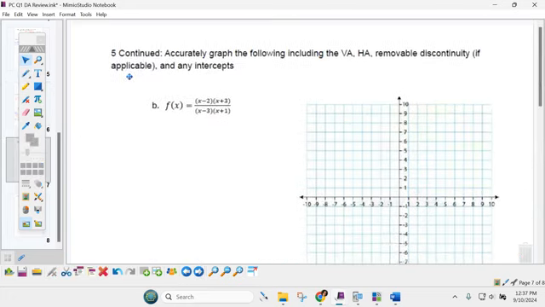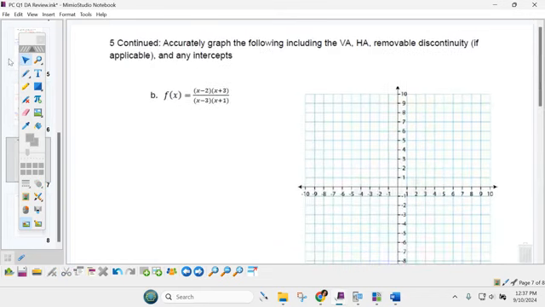2 more of these. Okay. Let's see if I can do this right. For number 5b in your packet, and I see a mistake here, this is going to say x plus 3. Okay, so let's start with the hole. When does this factor equal 0?